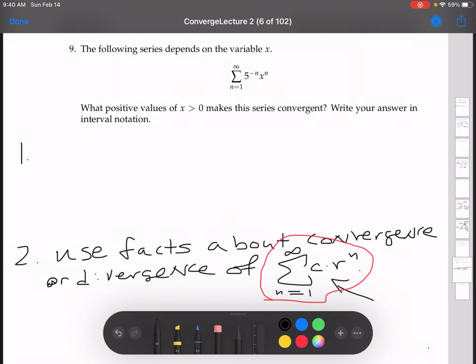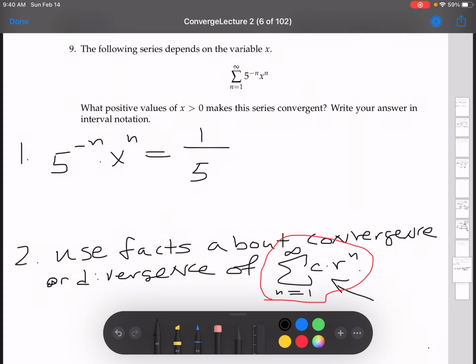Okay, so we have 5 to the negative n times x to the n. The negative n says bring it downstairs, so I'll show all the steps.